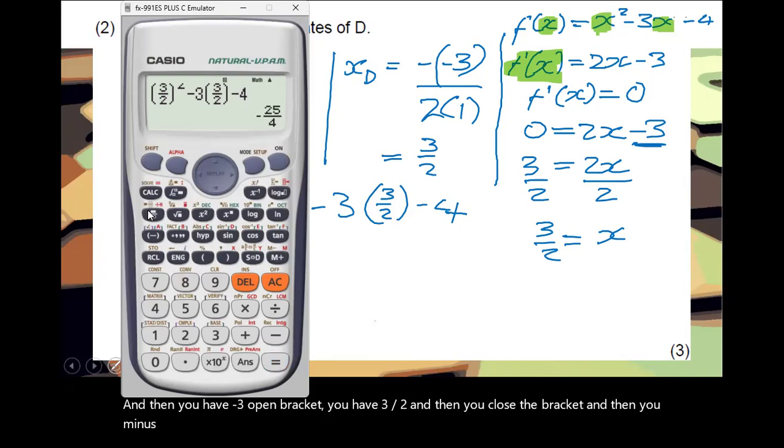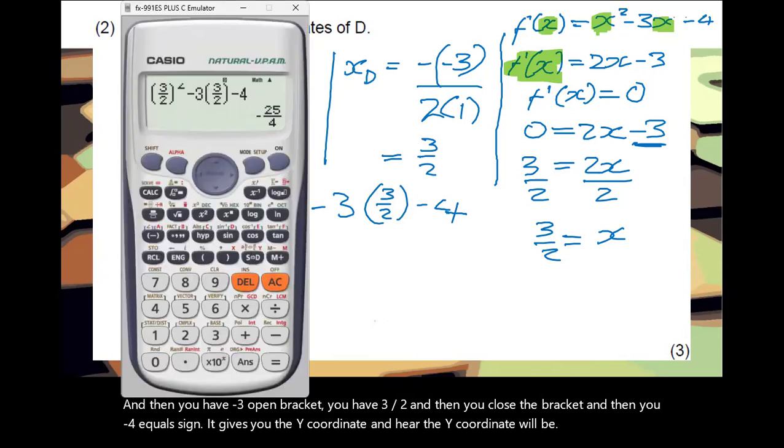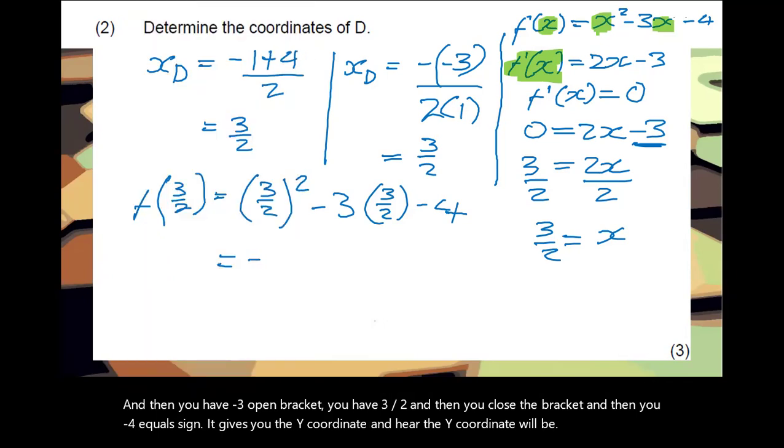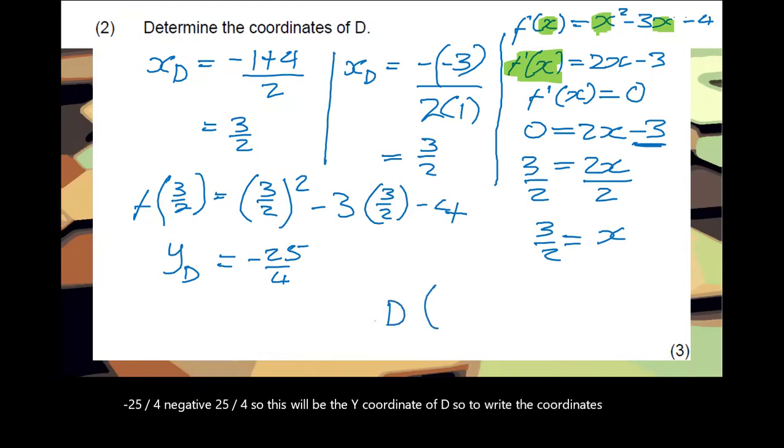Equals sign, it gives you the y coordinate, and here the y coordinate will be -25 over 4. So this will be the y coordinate of D. To write the coordinates of D, x will be 3 over 2, and y will be -25 over 4. And there we go.